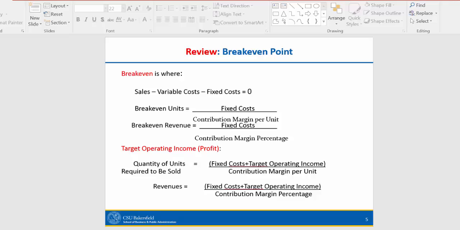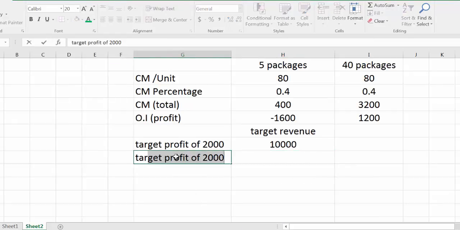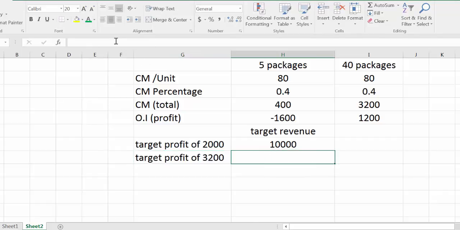For the second one, the target profit, I think we are looking at 3,200. It's quite similar. It actually uses the same formula as the first one. The only difference is you have a different target profit.